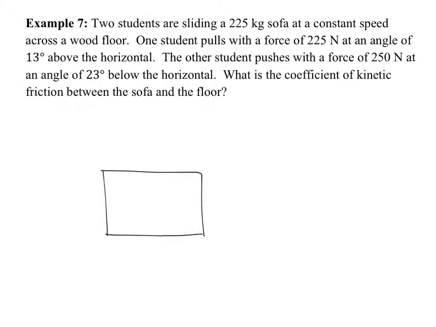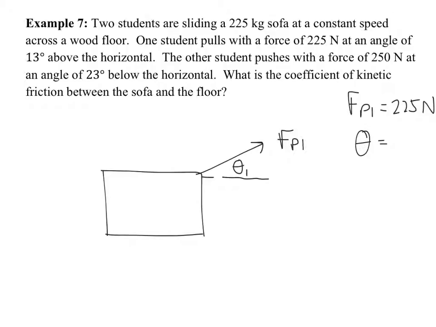So I'm going to first draw Francis pulling with the force. I'm going to call that FP1. I'm going to call that theta 1. FP1 is 225 newtons. And the angle that she's pulling at is 13 degrees.